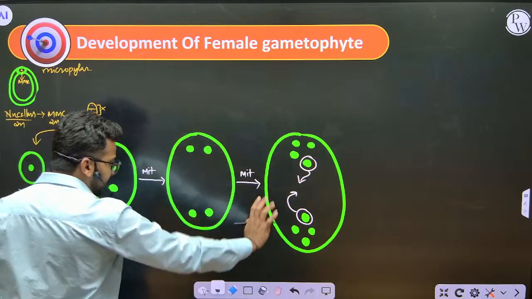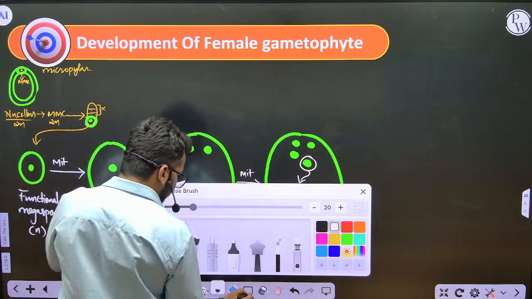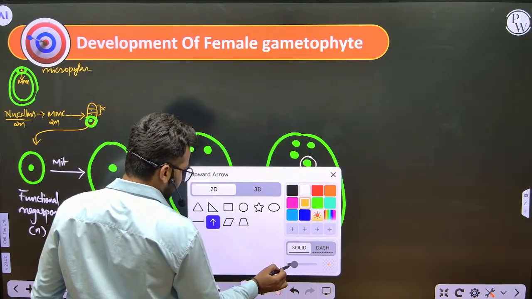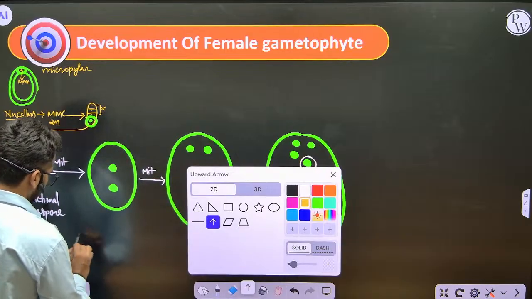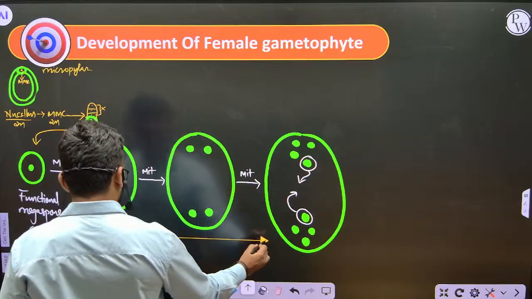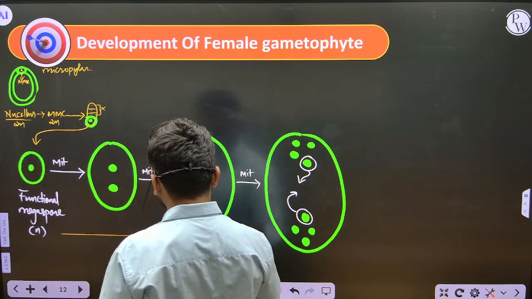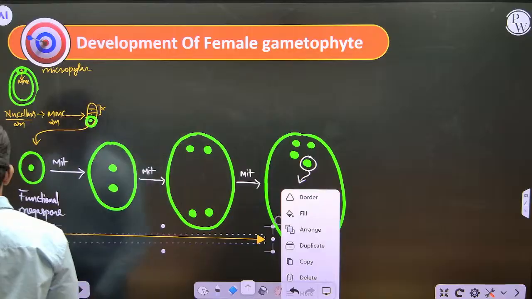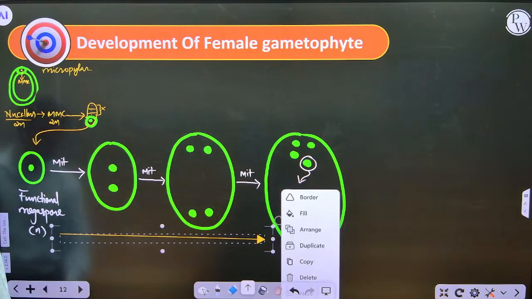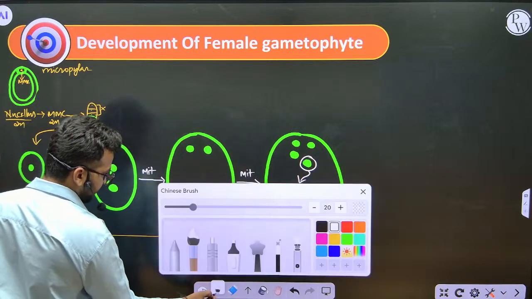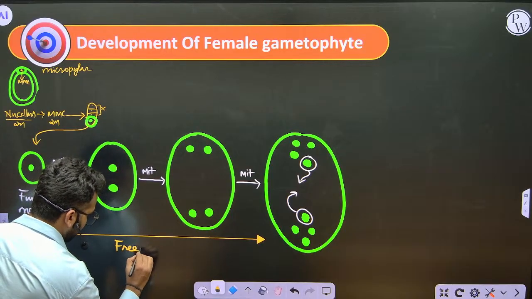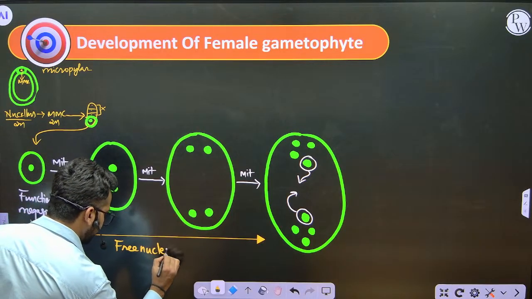All these divisions, from here to here, are free nuclear divisions, without wall formation.